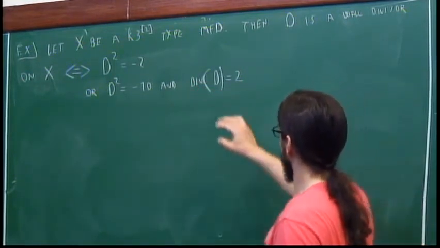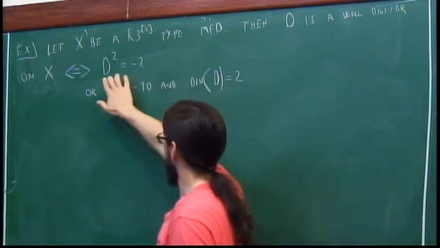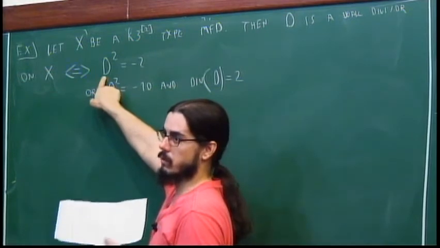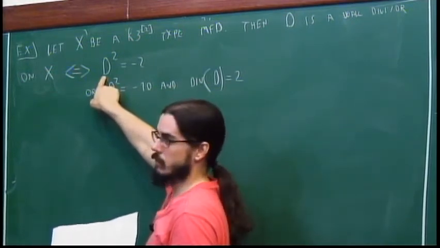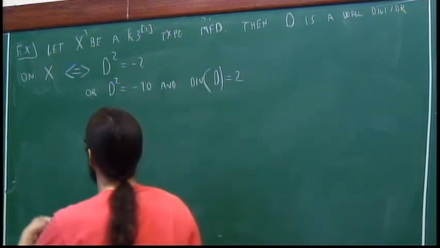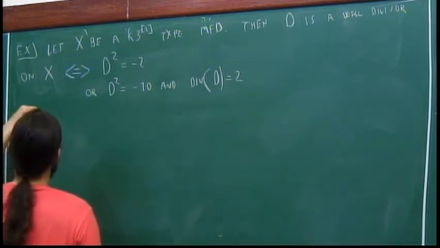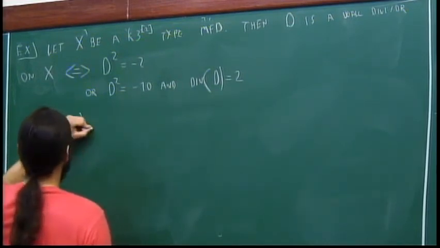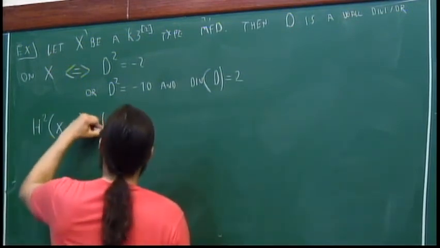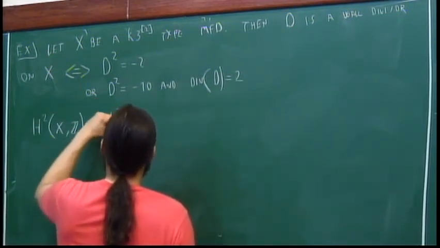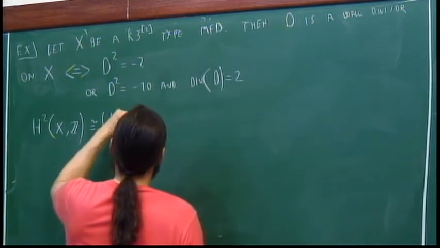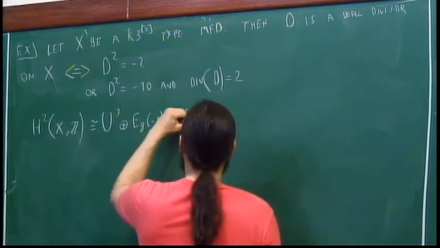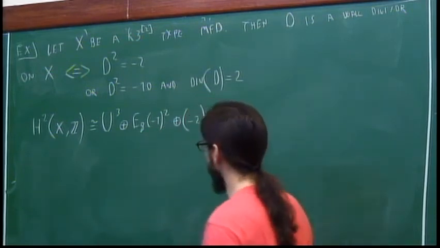So in this case, actually, up to isometry, there are two kinds of elements of square -2 in this setting, because H2 of X is the K3 lattice plus an additional class of square -2.